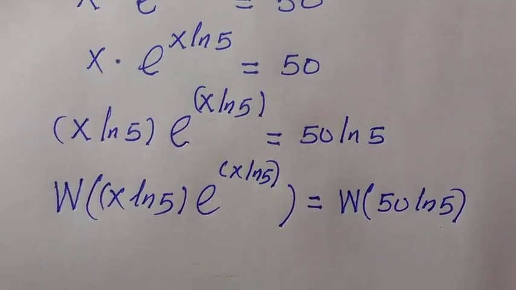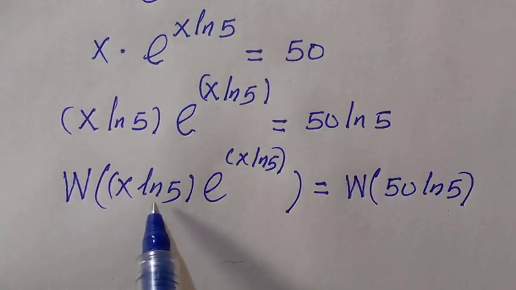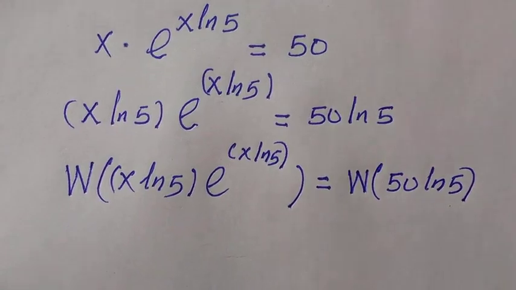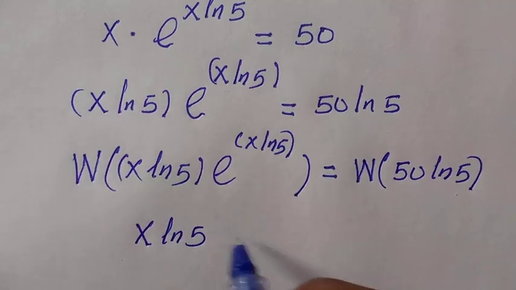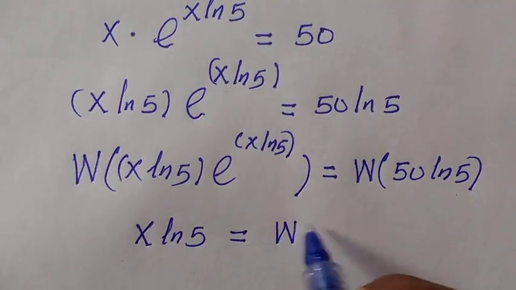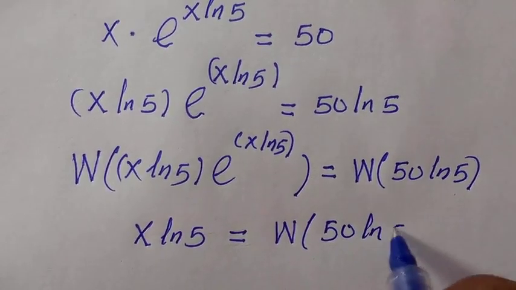And therefore, we are going to choose ln of x ln 5 as the formula implies. x ln 5 equals omega of 50 ln 5.